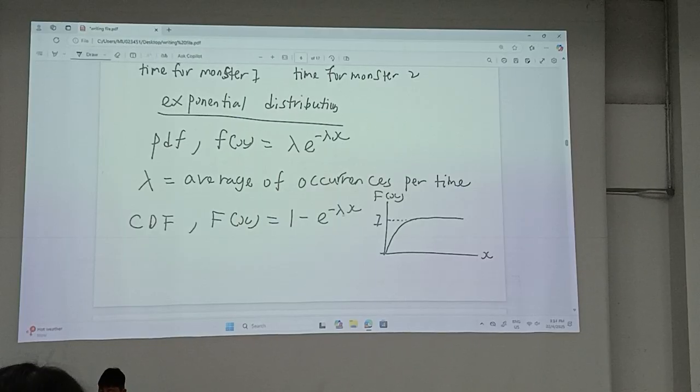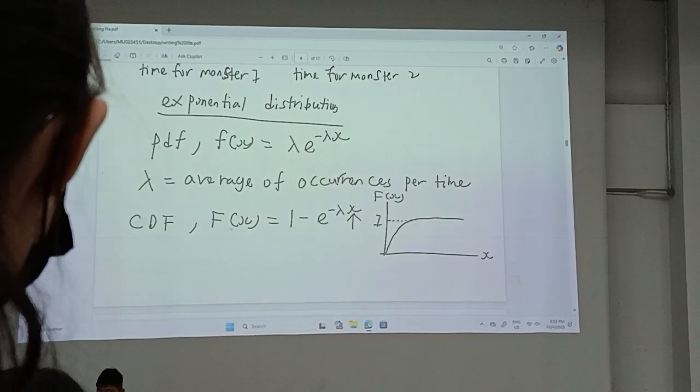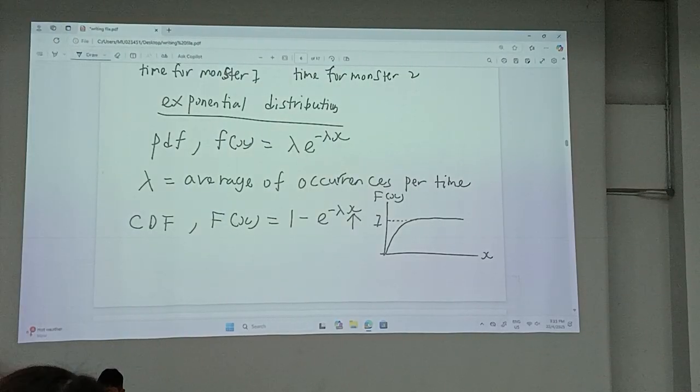So this X is a random variate. Now we want to get this X as our random number. How do we find this X? First we want to simplify this function, so we let R equal to this function, to simplify the notation.